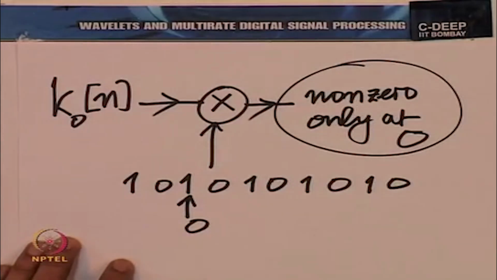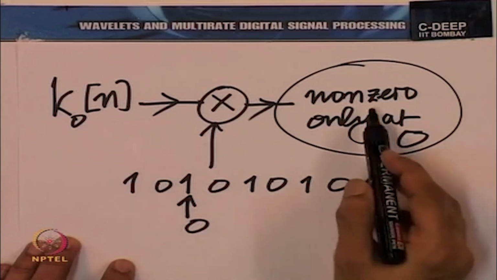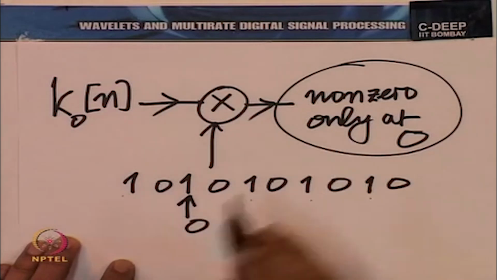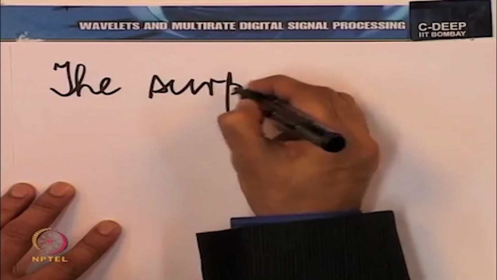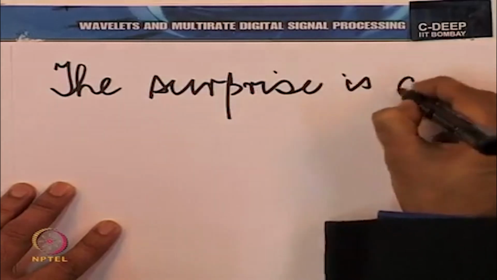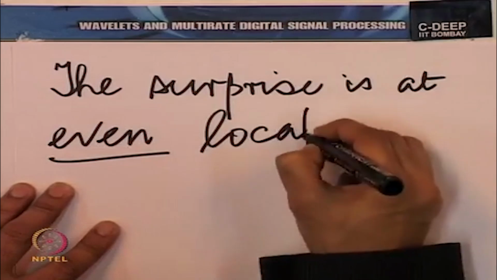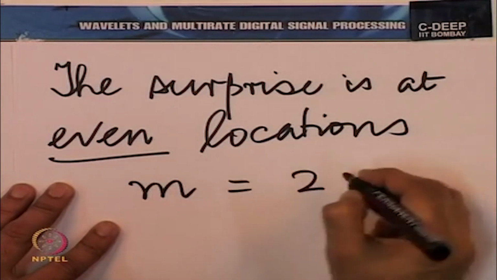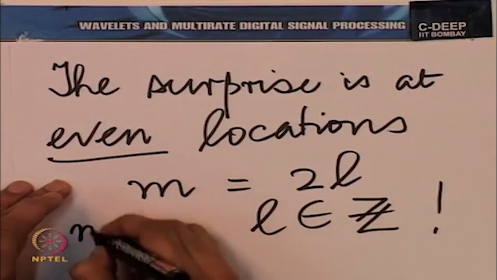That is what we are saying. And obviously, at the odd locations anyway it is 0. So, there is nothing very surprising here. It is at the even locations that we have a surprising result there. So, the surprise is at the even location. Of course, m not equal to 0.